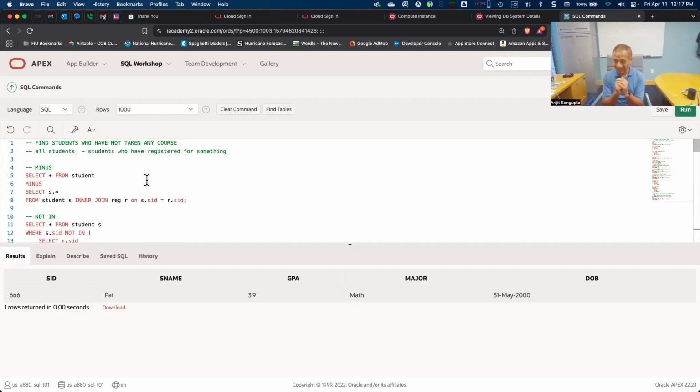Sometimes it's hard to express a query with a minus, but if you can, sometimes that's an easier thing. Remember that of the two things that you're expressing as a minus, sometimes one of them might be another non-monotonic query.